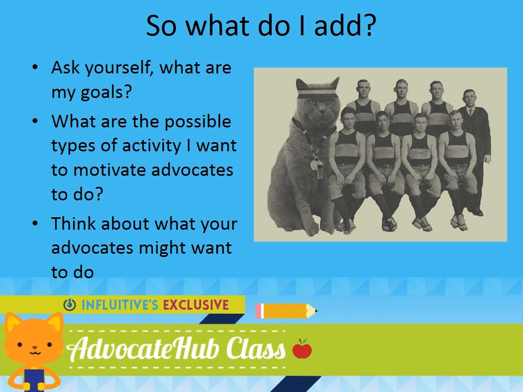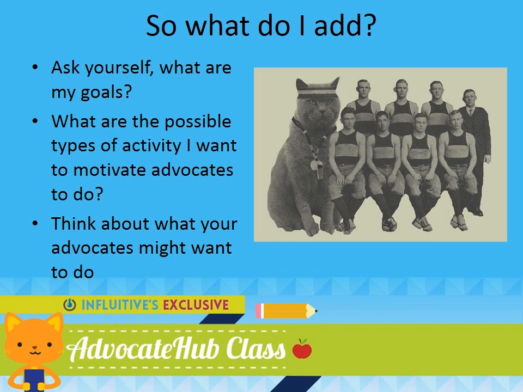There's all kinds of different things that you can do if you're really interested in references, if you're really interested in your advocates talking to each other or becoming educated, using this as an onboarding tool. If you want to use your AdvocateHub in the onboarding process for your own customers, this is a great way to do that. You can also give badges for completing different steps in the onboarding process.